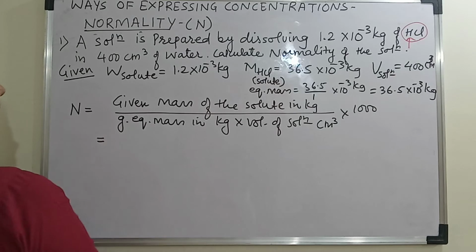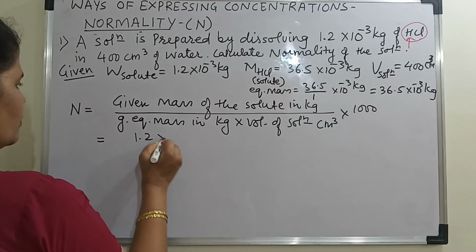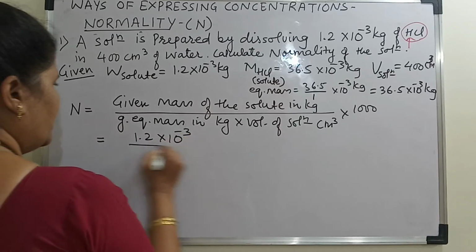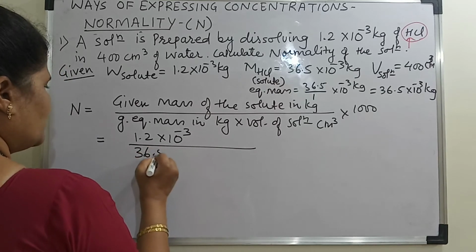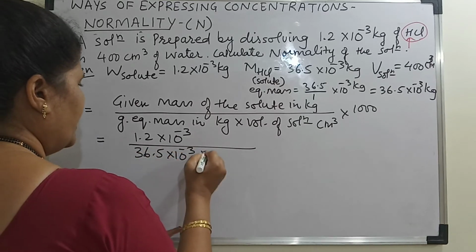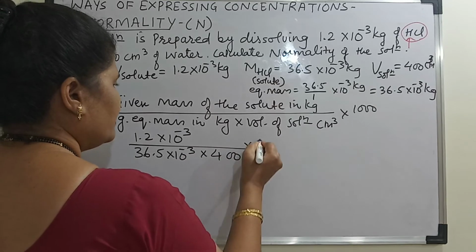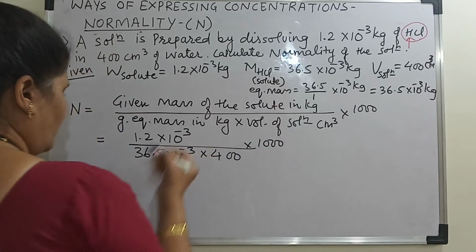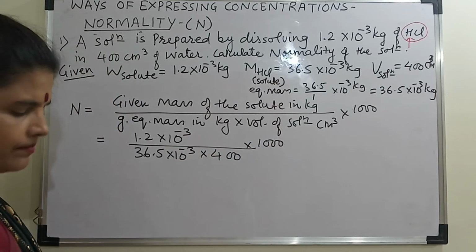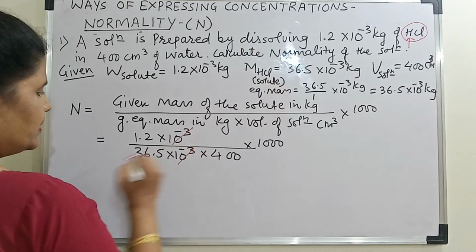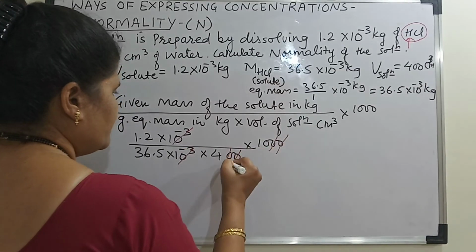Let us substitute the values now. It will be 1.2 into 10 raised to minus 3 upon 36.5 into 10 raised to minus 3 into 400 into 1000. So what all things will get cancelled here? This I will cancel in this way.